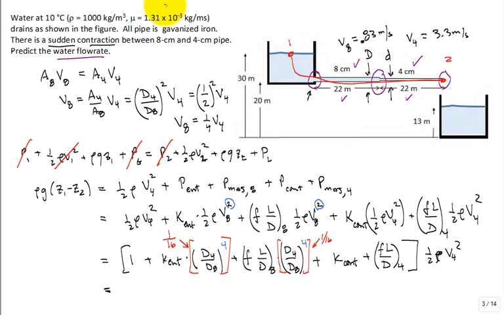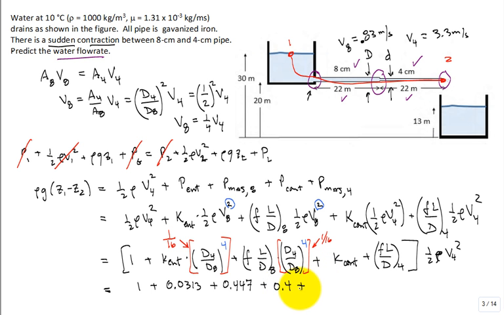Okay, so what I was going to do is write out some numbers. So if you put the 1 for the kinetic energy, for the entrance on the 8 centimeter, it boils down to 0.0313, too many digits. For the straight run on the 8 centimeter, 447. For the sudden contraction, 0.4.